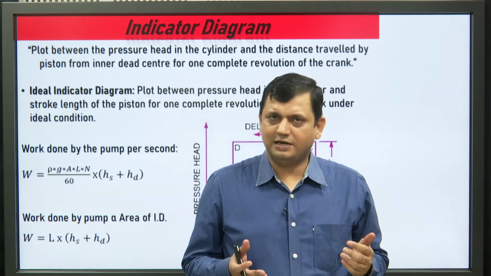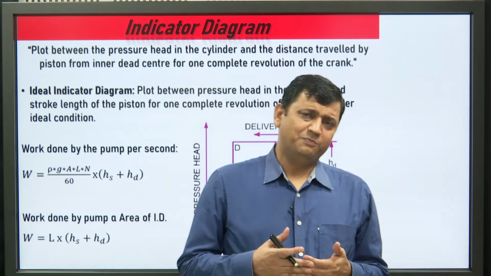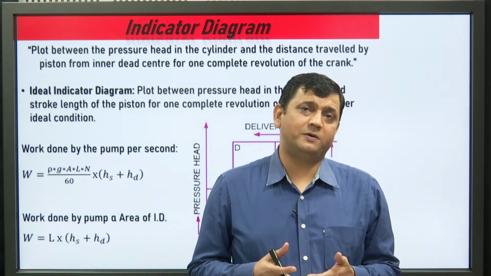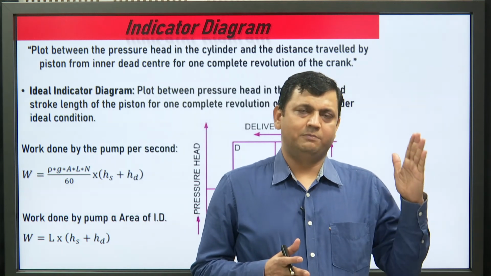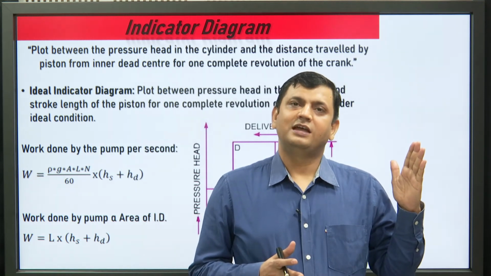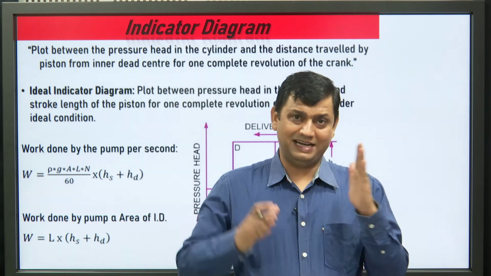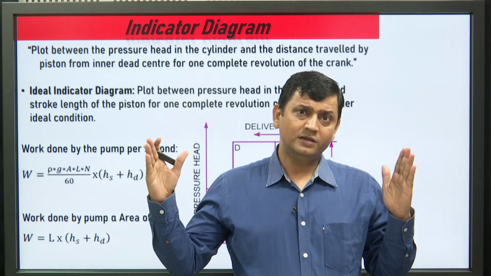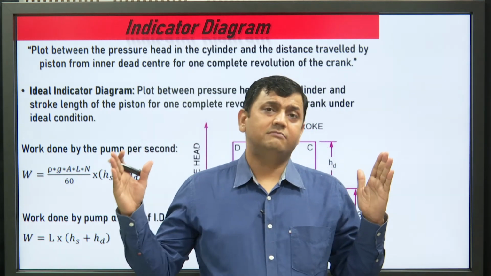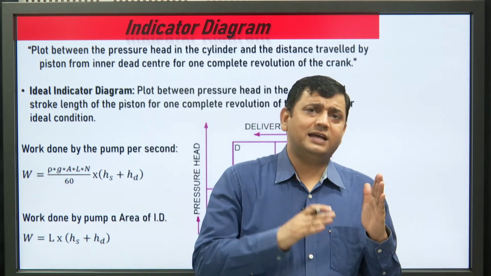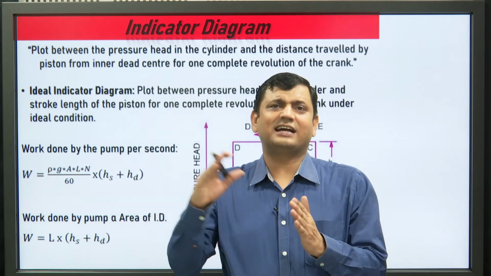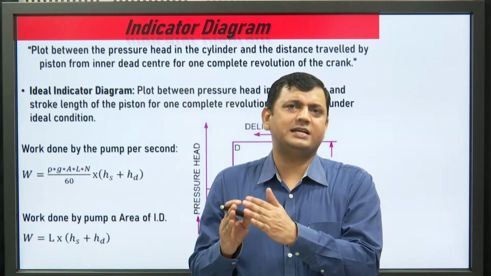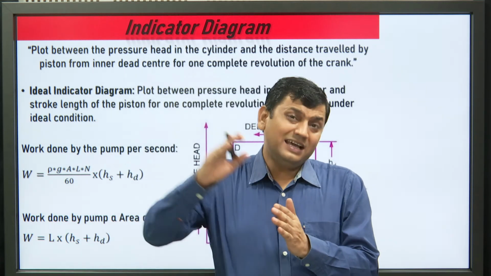Yes, because as we discussed, in a reciprocating pump when the piston is at the initial position the velocity is 0, maximum in the middle, and at the end of stroke the velocity is again 0. So there is some acceleration and retardation. In the first case 0 to 90 is acceleration, then retardation.